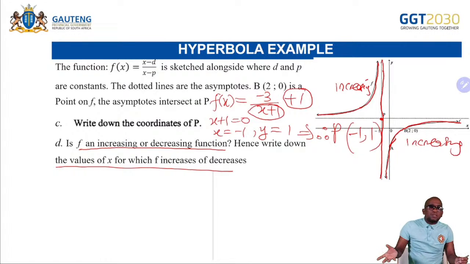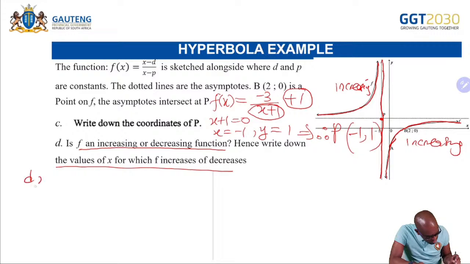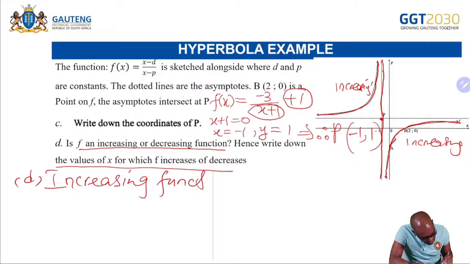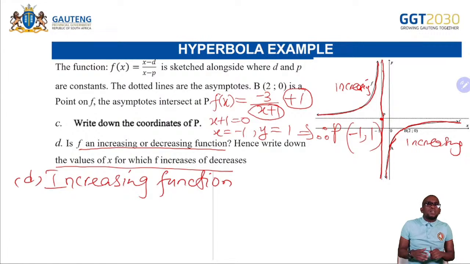What does that mean? It means the whole function is increasing. So we are saying it is an increasing function. Why is it an increasing function? Because when x increases, y also increases for both the arms of this rectangular hyperbola.